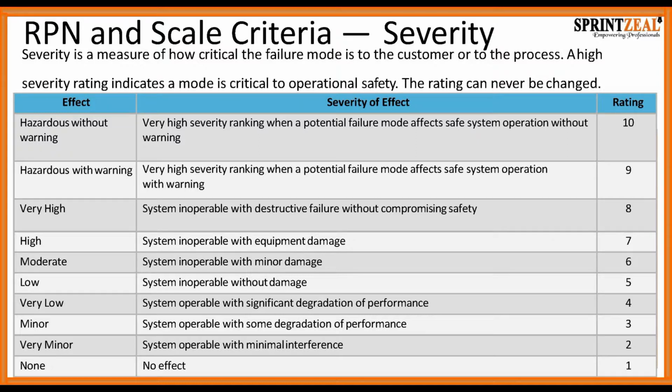It's hazardous without warning. There's a very high severity ranking when a potential failure mode affects safe system operations without warning, and that would be ranked as a 10. Then you go to hazardous with a warning, which would be a 9. And then I would typically do 1 through 8 based upon none would be typically a 1, very minor would be a 2, and we work our way up that way.